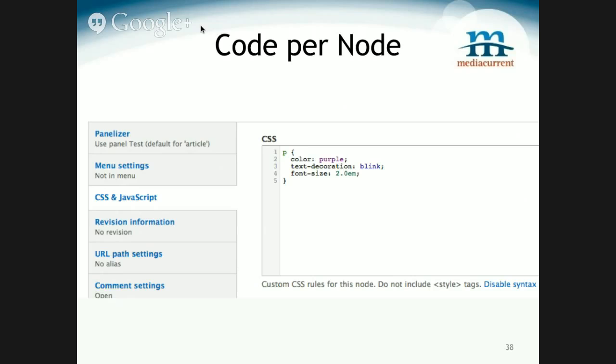It gives you an option of having just a simple text field on your nodes where you can paste in CSS. In this case, text-decoration: blink, because I'm crazy. So on this one page, we really had to have large text that was purple and blinking.